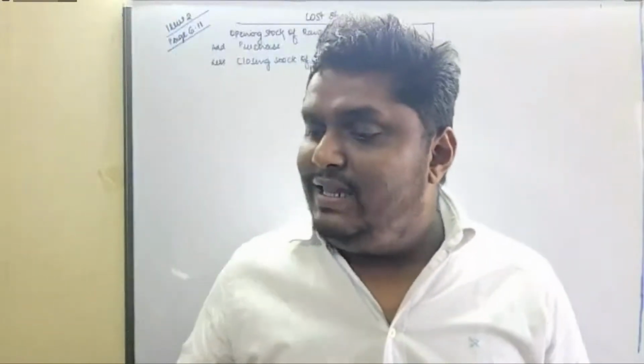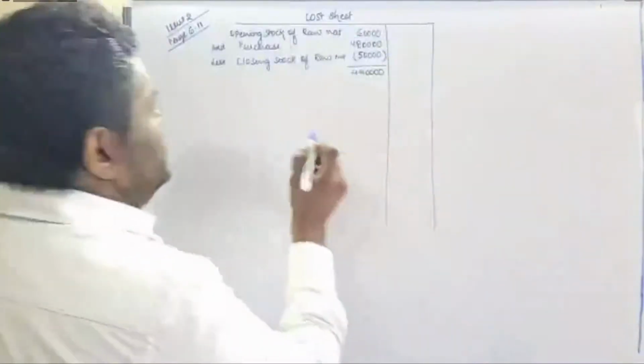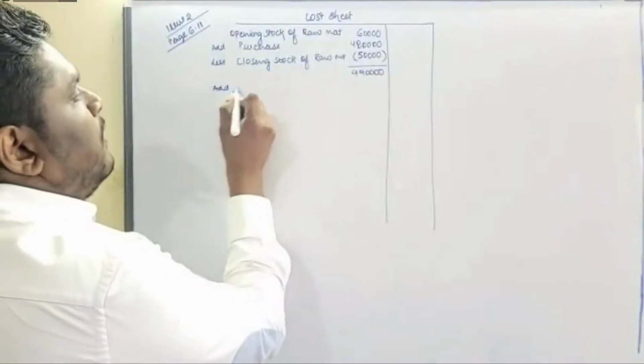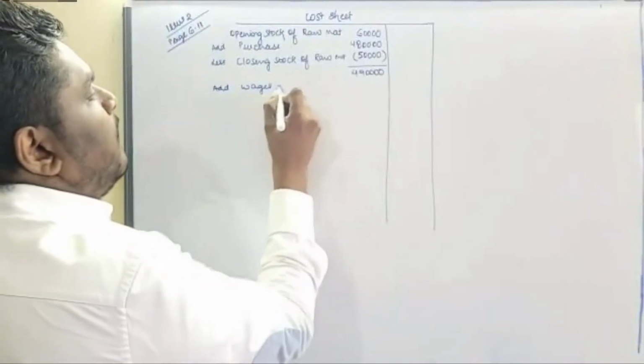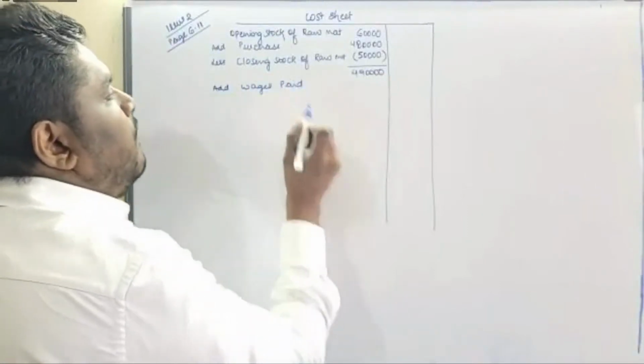In this, we will add all the wages paid. So we'll add wages paid during the month, and that is 2,40,000.